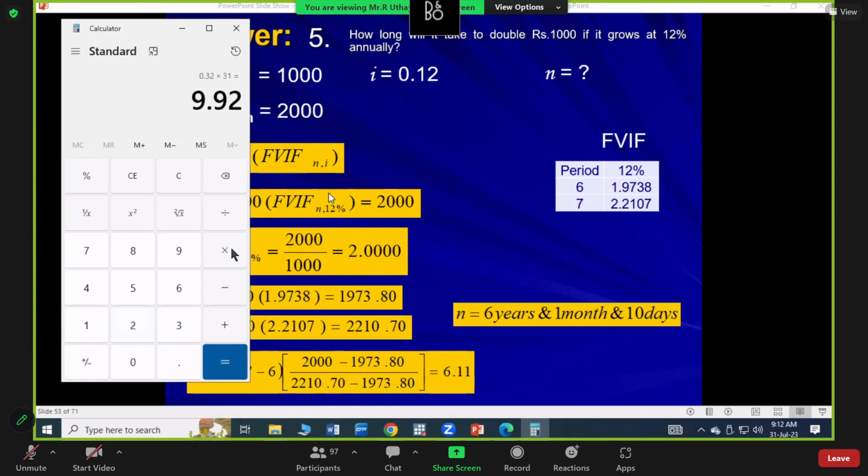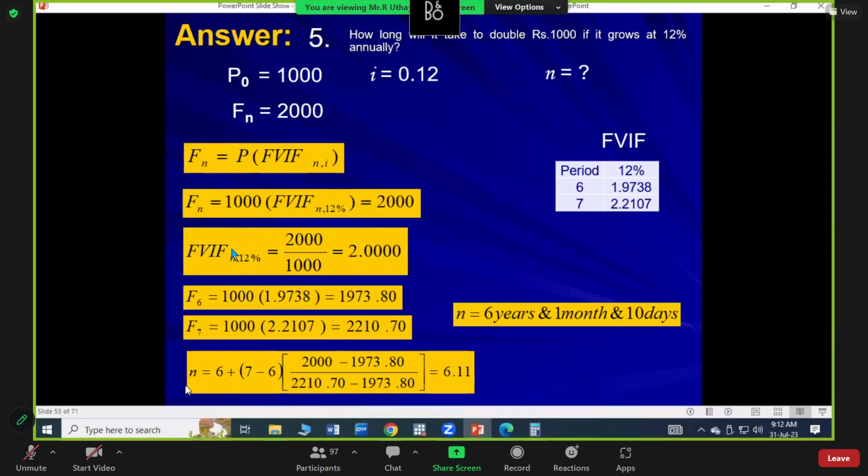So nearly 10 days, 9.9 days, 10 days is gone. So these are the steps you want to follow.